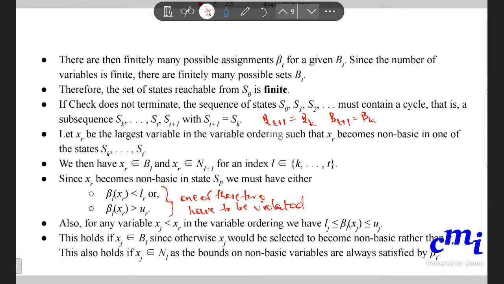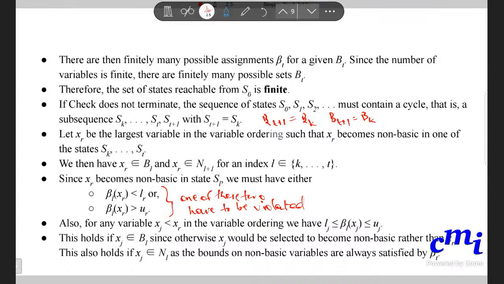If its bounds weren't satisfied, then xj would be the one that gets picked, and xr wouldn't get picked. So if xj is basic, its bounds have to be satisfied. If it's not a basic variable, then by the invariant itself, the bounds have to be satisfied. Either way, for any xj lesser than xr in the ordering, the assignment at time step L satisfies both its bounds.